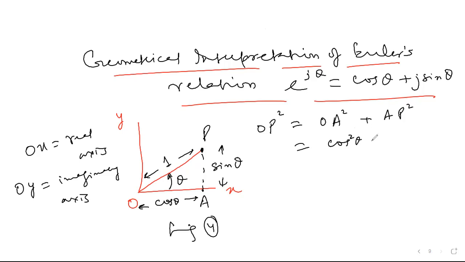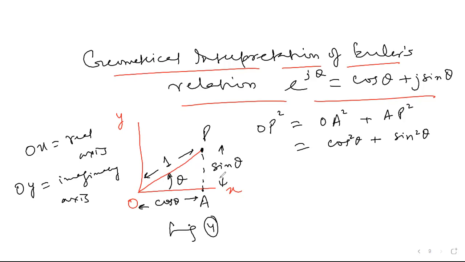This cos square theta, and this is sine square theta. You know, cos square theta plus sine square theta is 1. So OP is 1. So the length of the vector sum of AP and OA, which is OP, is having length of 1.